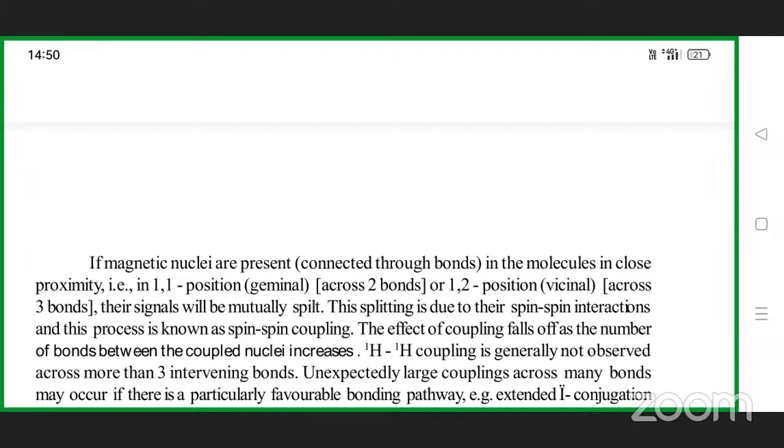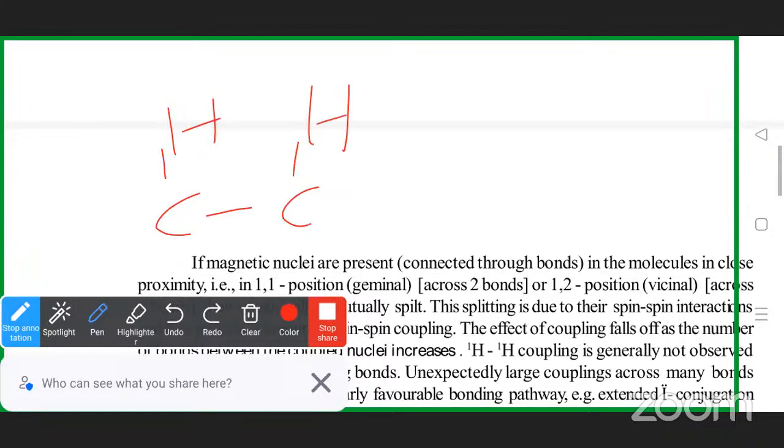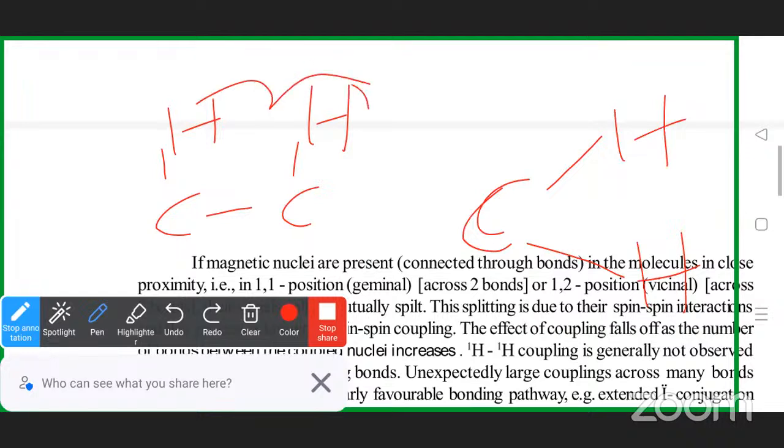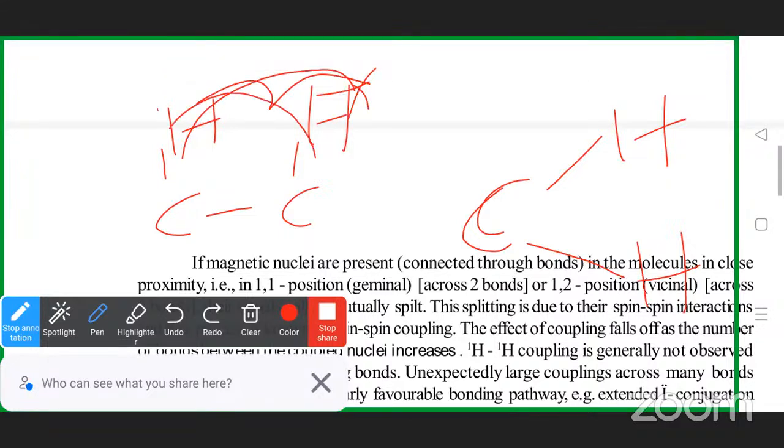In spin coupling, for example, here is a proton and here is another proton, on adjacent carbons. These two protons are mutually coupled to each other.